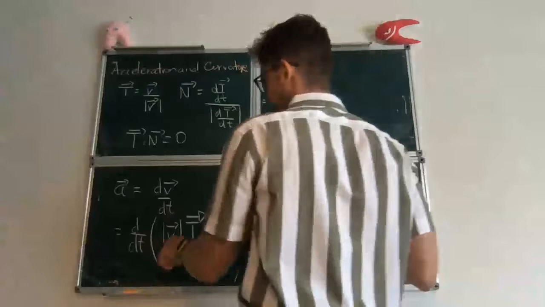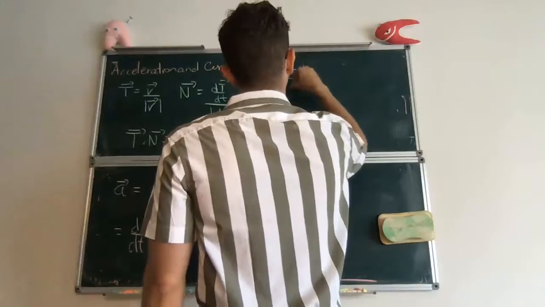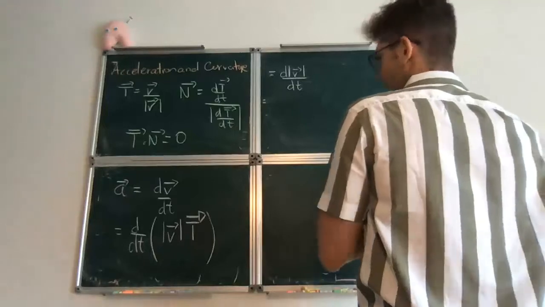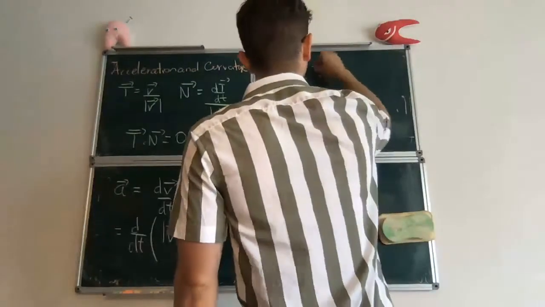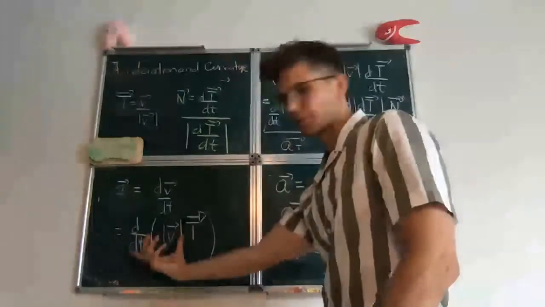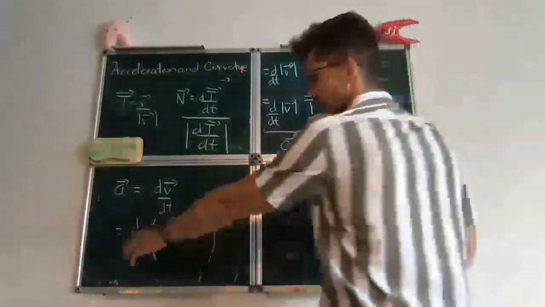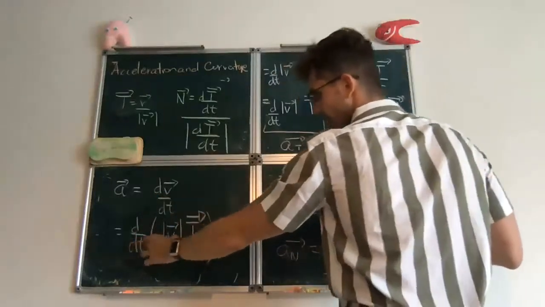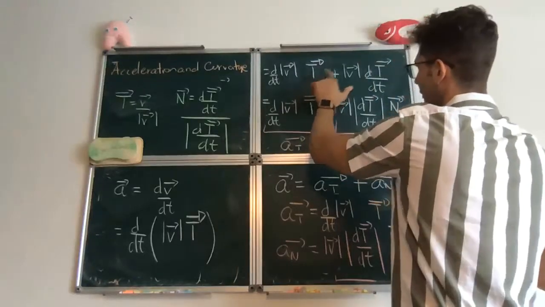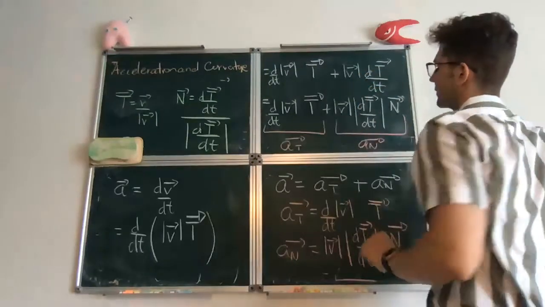The product rule says you get the derivative of the first term, which is the derivative of the speed with respect to time times the tangent vector, plus the speed times the derivative of the tangent vector with respect to time.